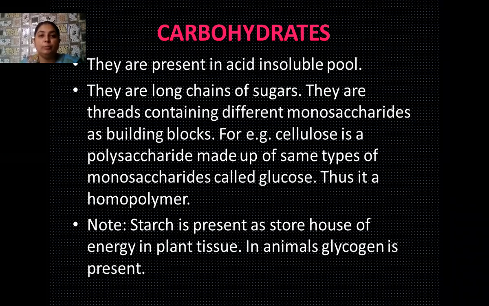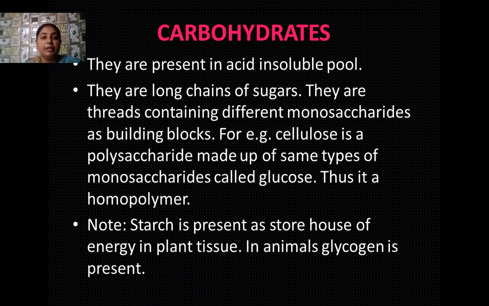acid insoluble pool. So these carbohydrates consist of long chains of sugars. And if we see their structure, they appear in the form of long threads, which consist of different monosaccharide units, which are their monomeric units or building blocks.